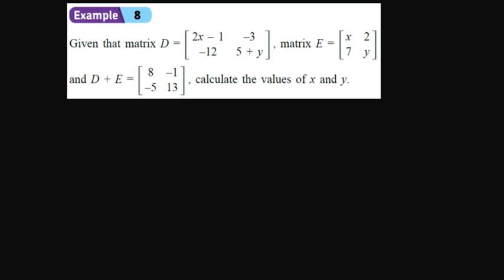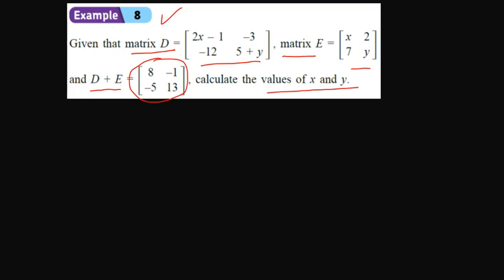Okay, this one is a bit different. It's not straightforward. Given matrix D is this one. Matrix E is this. And D plus E, the answer is already given to you. So calculate the values of x and y. Okay, this one how to do?